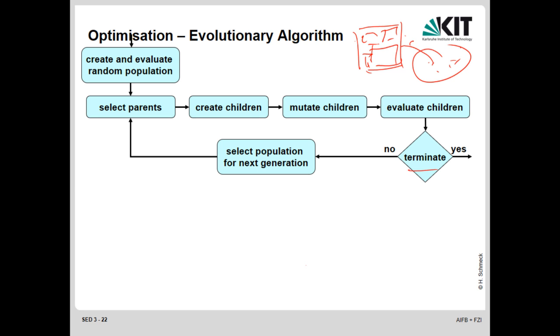Maybe we have looked at a sufficient number of potential solutions and say that's the amount of work we would like to invest here, or we say the quality is good enough and we just stop, or we say we would like to continue, and then we have to decide how to integrate those children into the old population, and then this turns around and it's a circular thing.